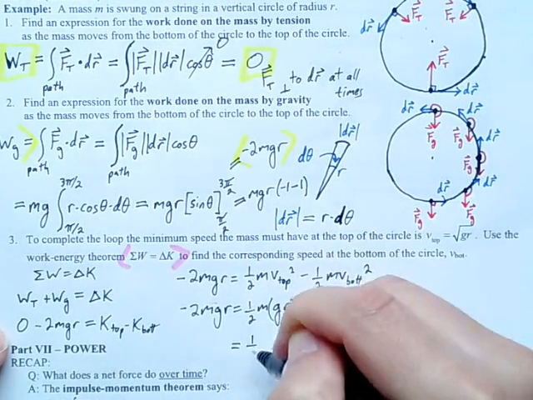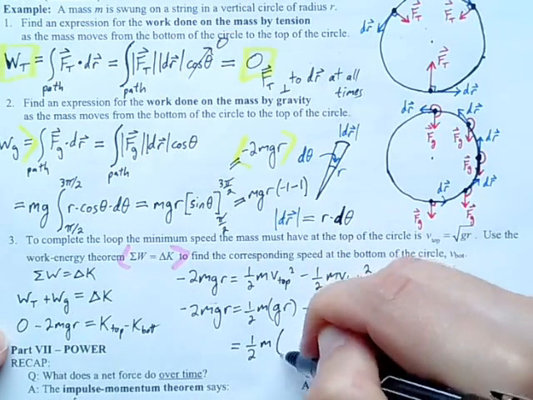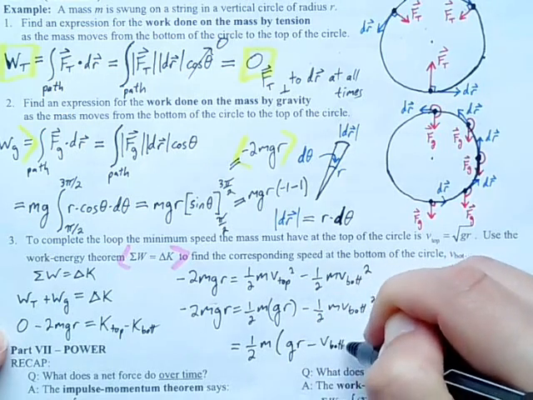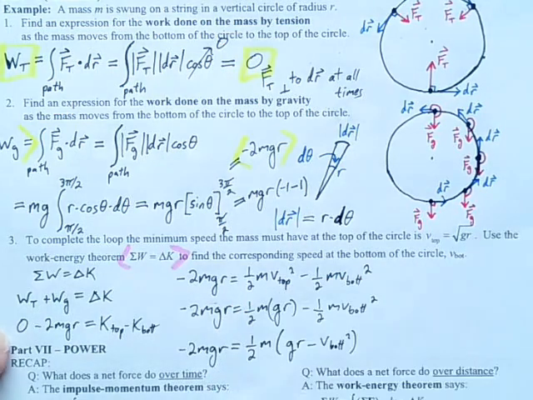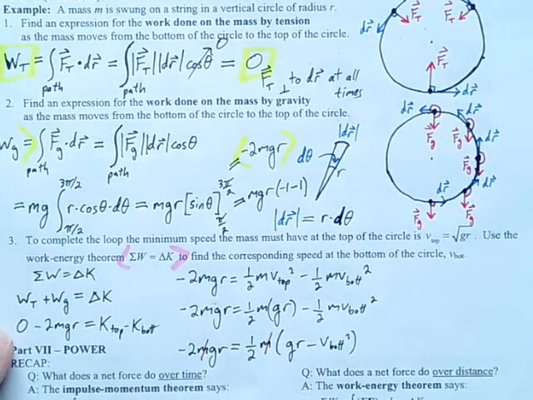I'll factor out the 1/2 m, leaving gr minus v bottom squared, equals negative 2mgr. At that point, I'll cancel out the masses on both sides, divide through by mass.